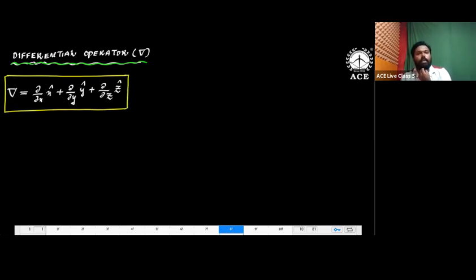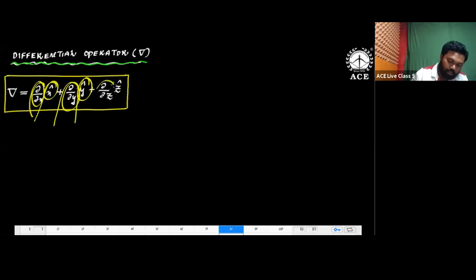It is just a mathematical operator by itself. It has got no meaning. So it is a differentiation of some function with respect to x oriented in the x, with respect to y oriented in the y, and with respect to z oriented in the z.